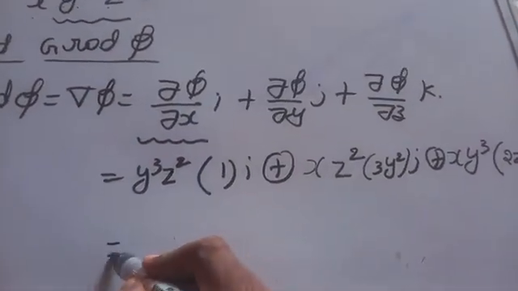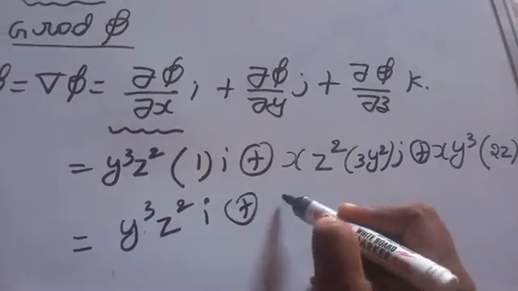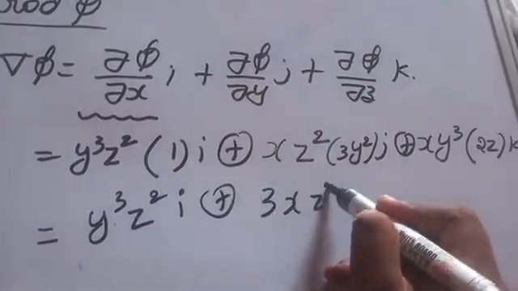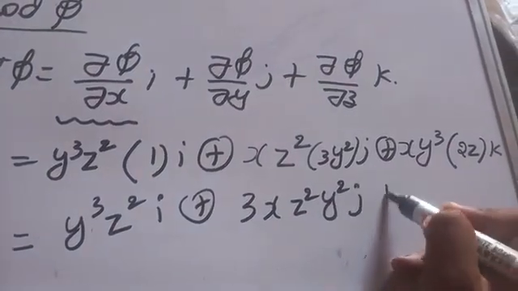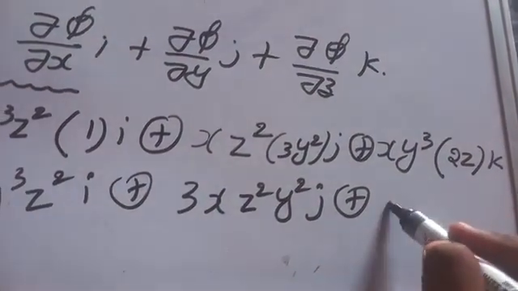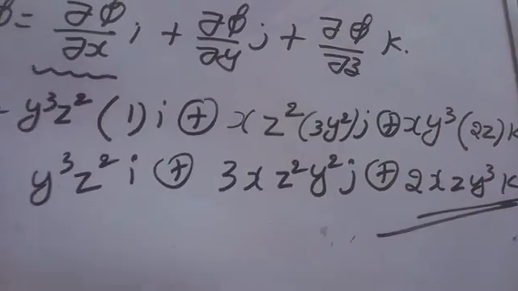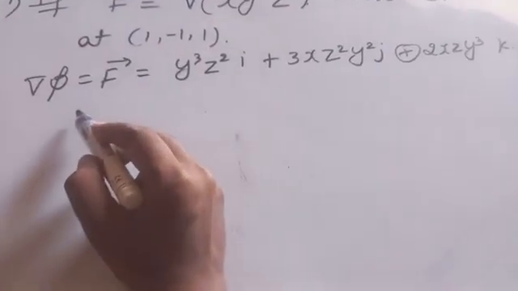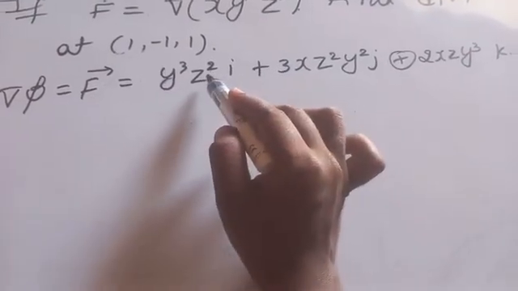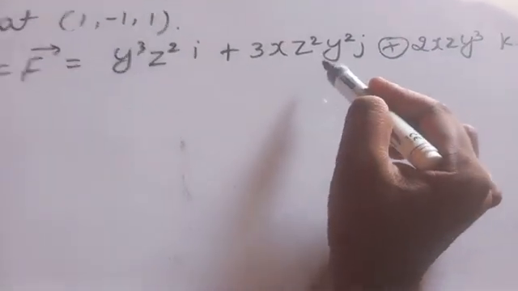So finally, the gradient of phi equals y cube z square i plus 3x z square y square j plus 2x z y cube k.